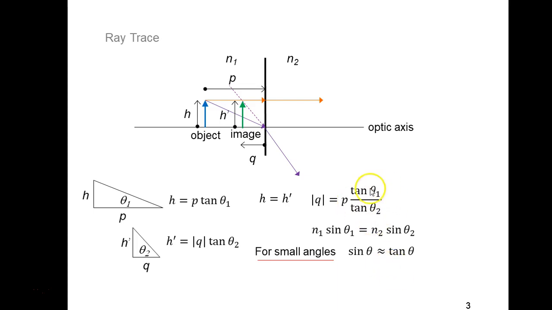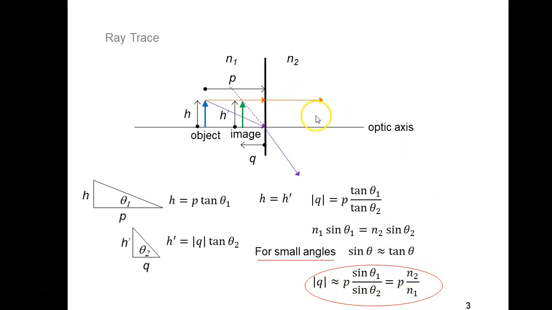So what you can do is replace the tan thetas in this formula with sine thetas. So you get Q is approximately P times sine theta 1 over sine theta 2. But by Snell's law, the ratio of sine theta 1 over sine theta 2 is n2 over n1.